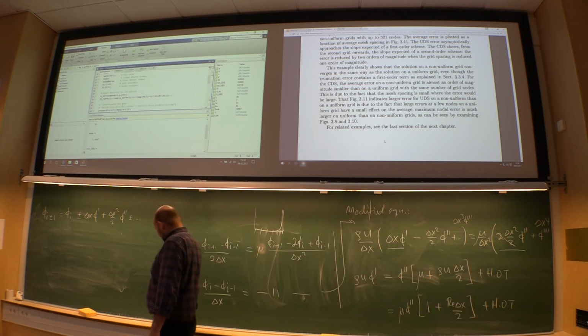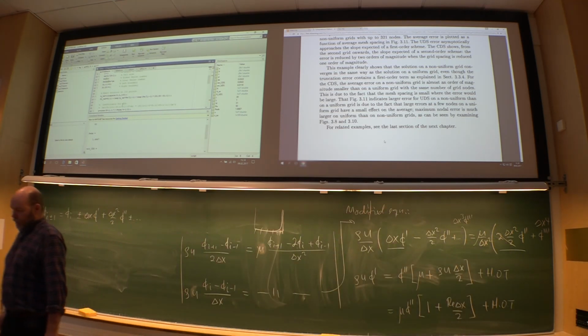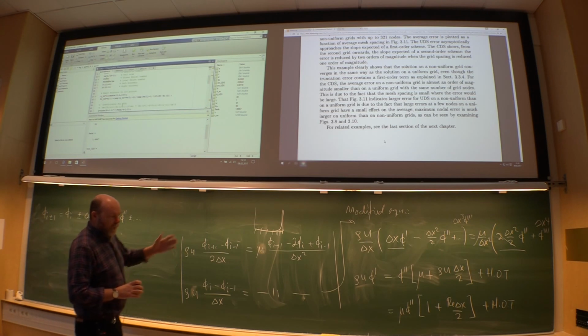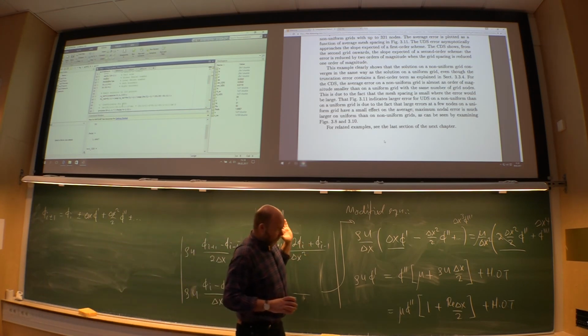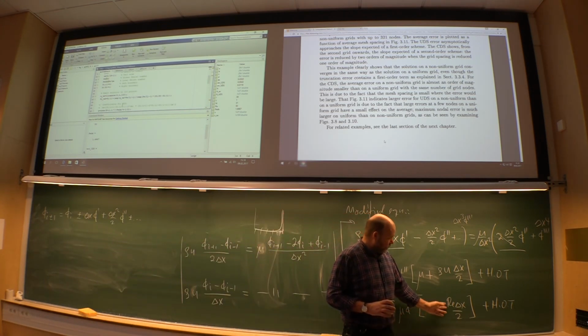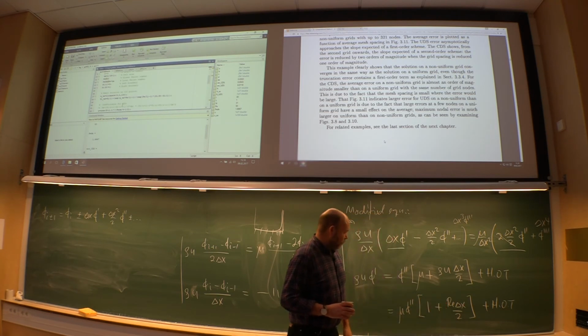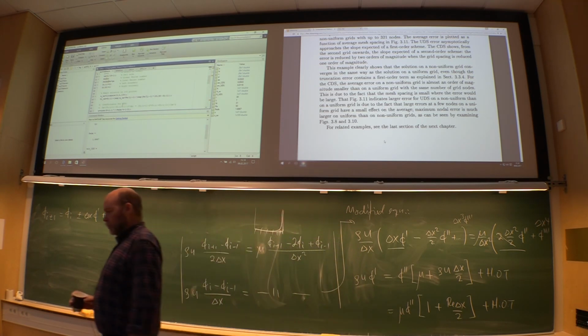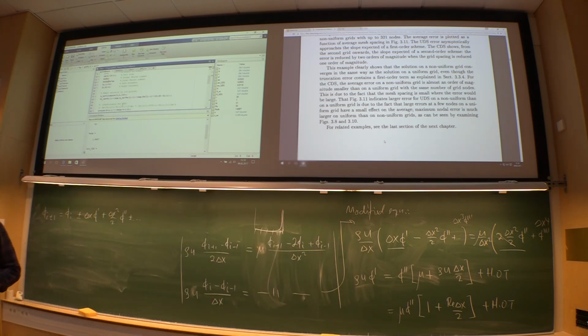Meaning a cell Reynolds number of 2, which was the stability limit for the central scheme. Using an upwind scheme, it's unconditionally stable. You get a solution for cell Reynolds number from 2 and even above. But you see what you're doing. Doubling or tripling or quadrupling the viscous term. Terrible, awful. Never use it. Don't use it.